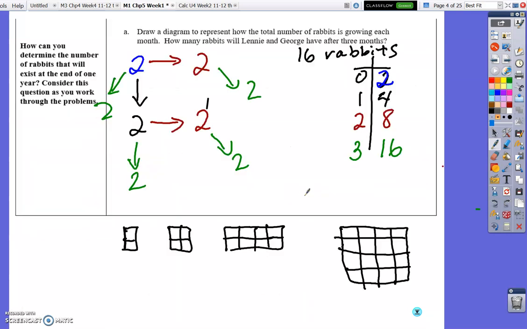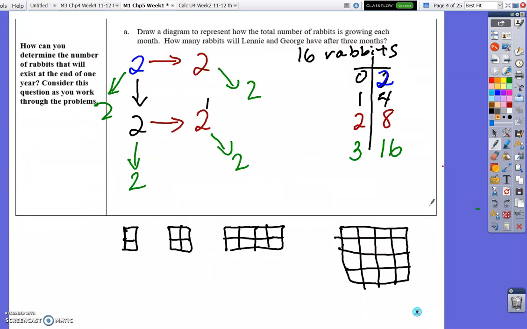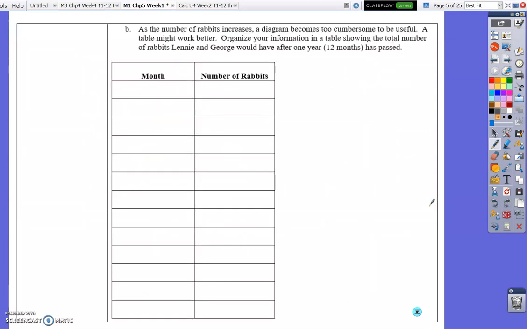And I would say that also the original pair keeps having babies. And maybe there's some more, but let's keep that in mind. And let's take what we have here and move it to the table on the next page.